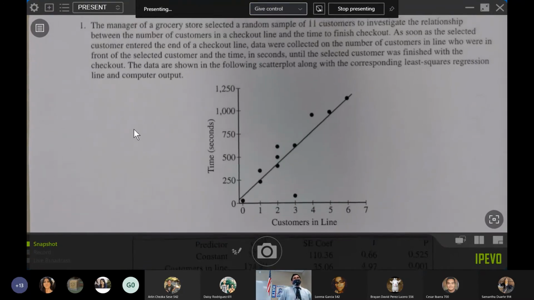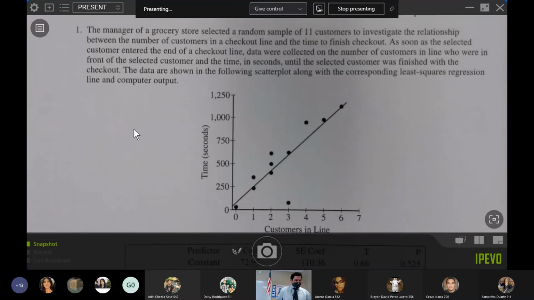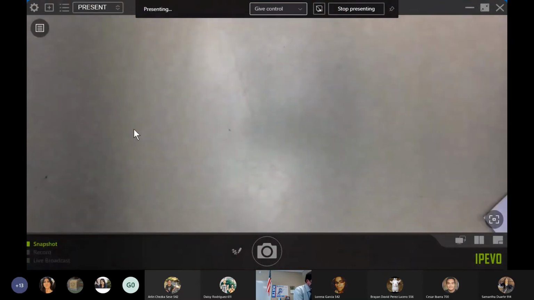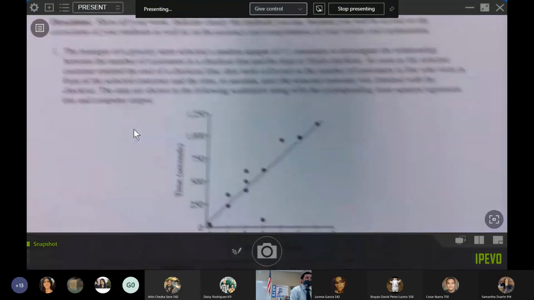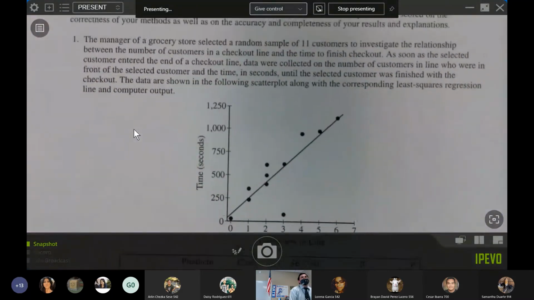Cool. Now if I can do this, it'll make my life easier. Oh, I don't have a lot of space there. Okay. That's fine. All righty.